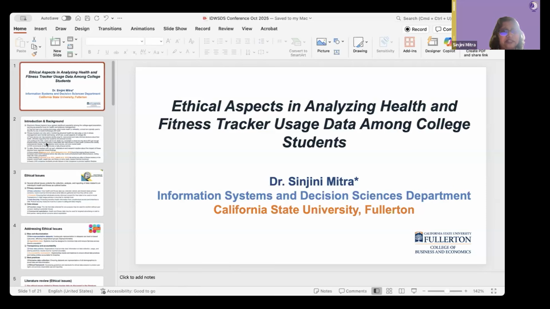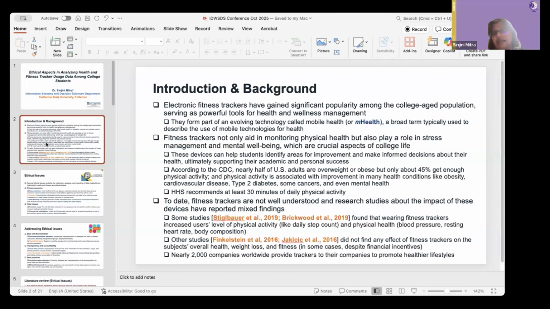So, looking at the data, understanding the data, and just pointing out some interesting patterns. To start, I'll just give a little background. Again, I'm going to keep it short, and I know this slide probably looks a little wordy. Electronic fitness trackers, as you know, have become very popular, especially with the young generation, even people of all ages, especially after the pandemic, to keep track of their health and fitness levels.